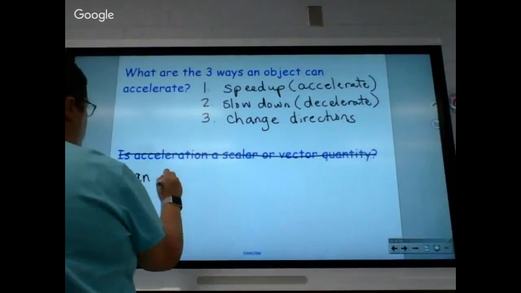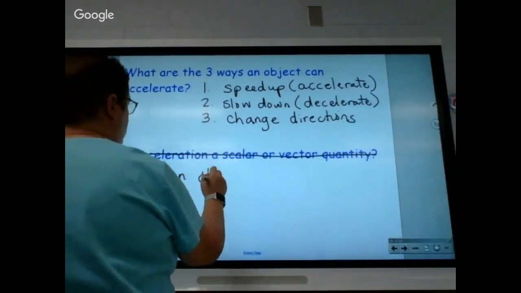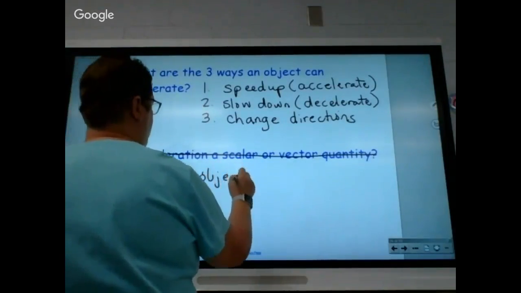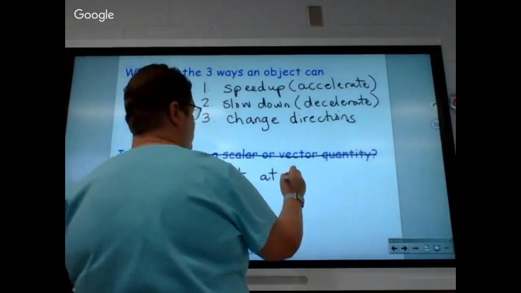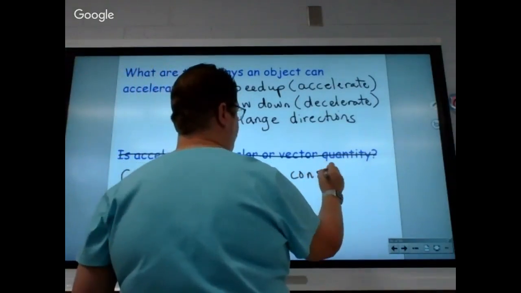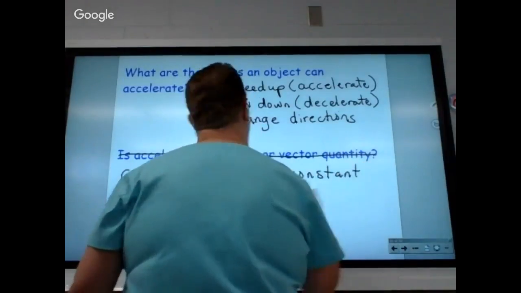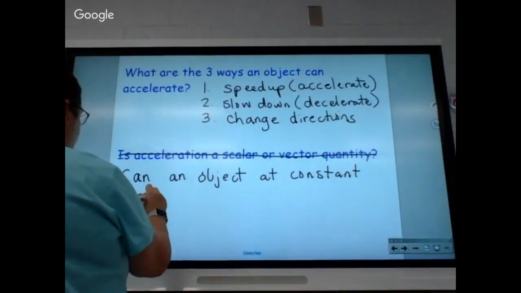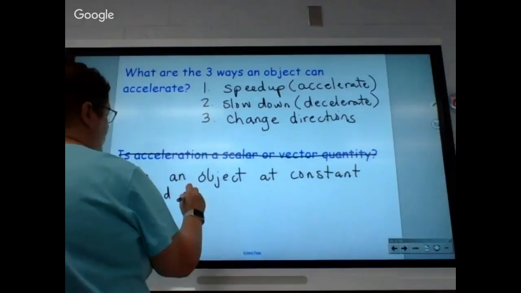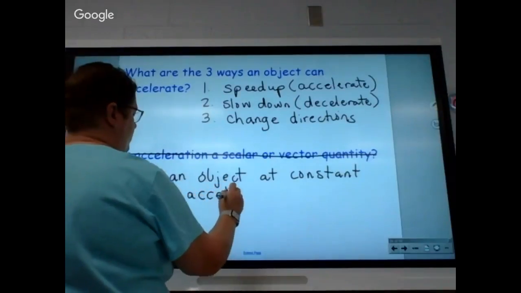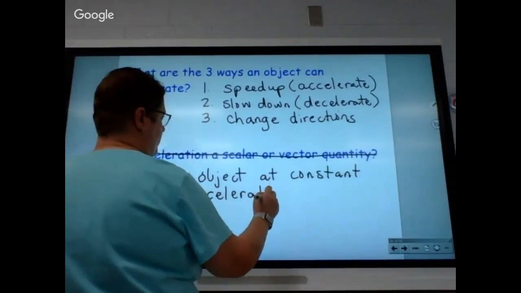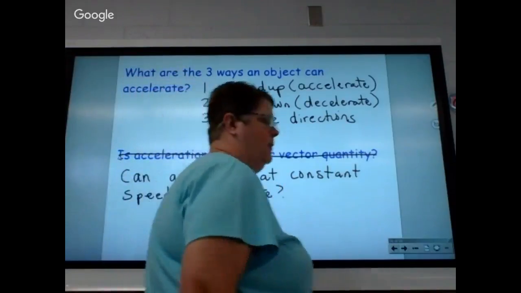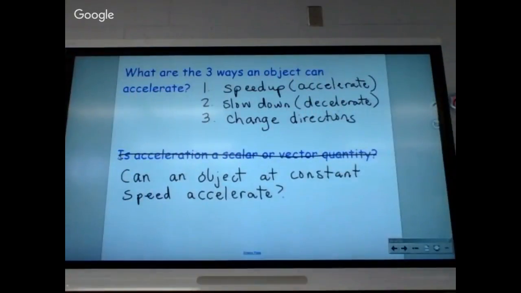Can an object at constant speed accelerate? Yes.